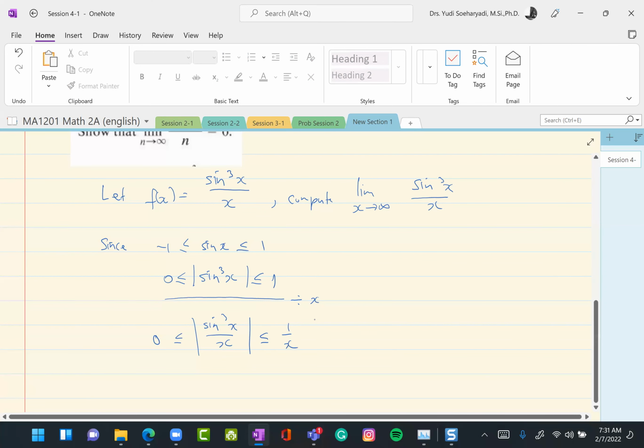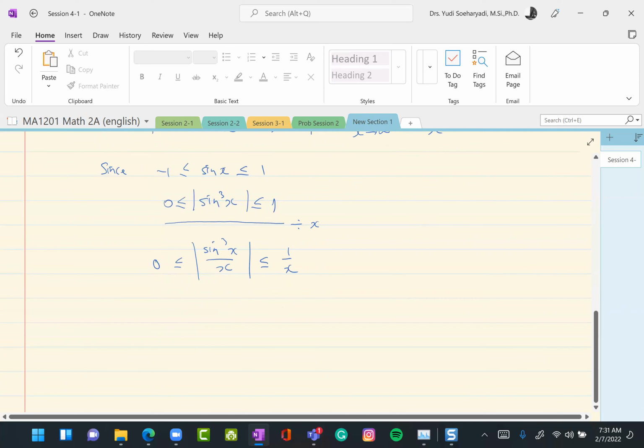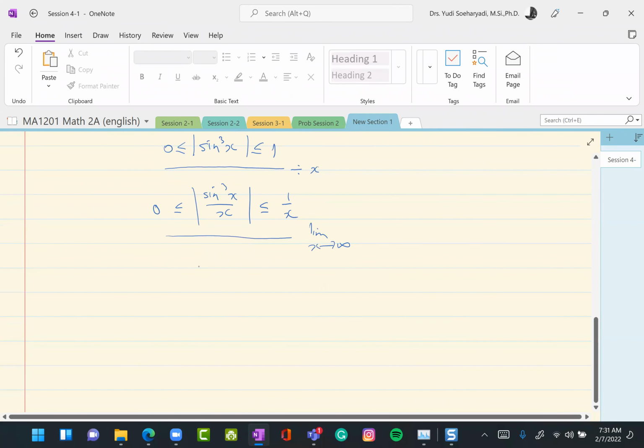And if you take the limit as x gets larger, you have this limit less than this limit, by the squeeze theorem.